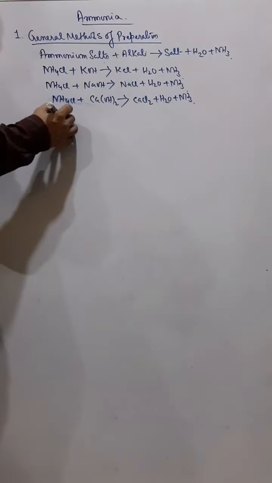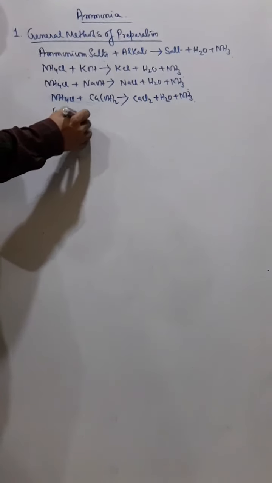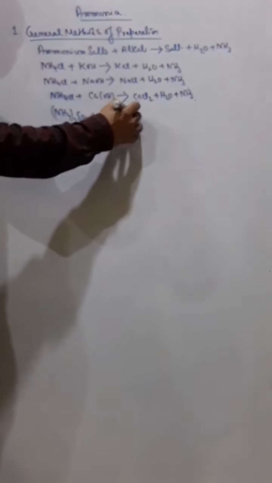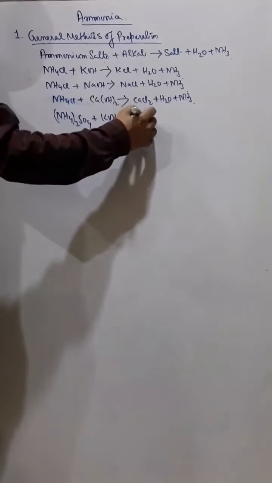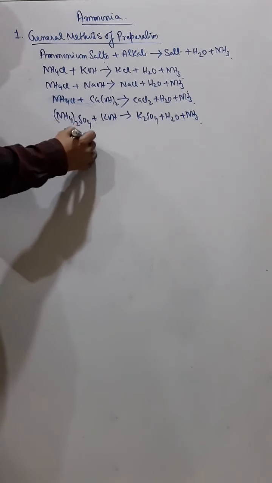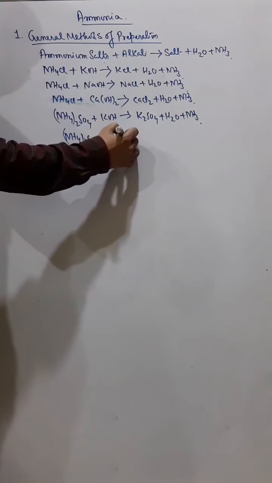Now similarly, if you take ammonium sulfate (NH4)2SO4 plus KOH, you will get K2SO4, potassium sulfate, plus H2O plus ammonia. Again (NH4)2SO4 plus NaOH, you will get Na2SO4 plus H2O plus ammonia.